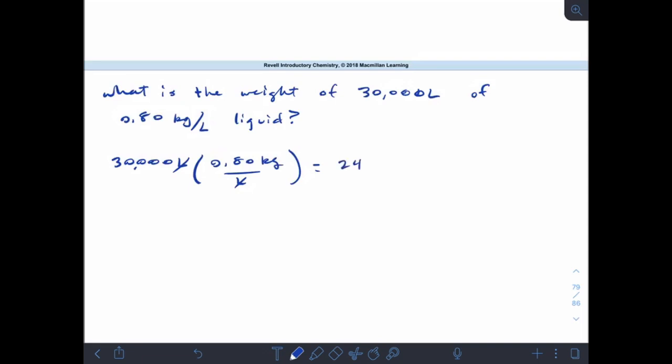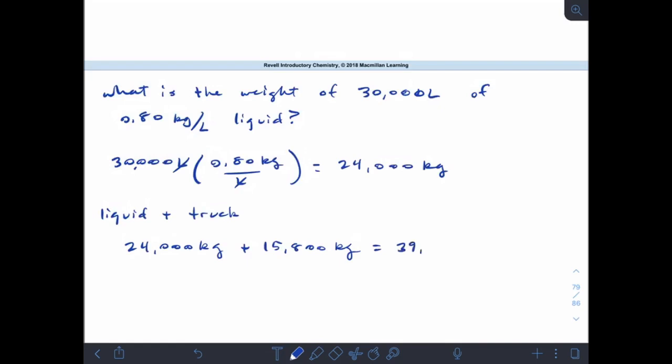So this comes out to be 24,000 kilograms for the liquid. The truck itself, empty, weighs 15,800 kilograms. So we have a total weight of 39,800 kilograms.